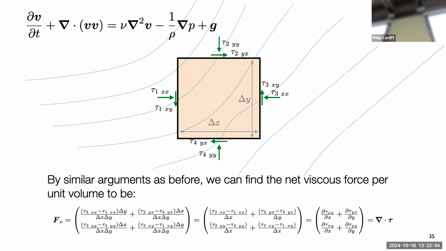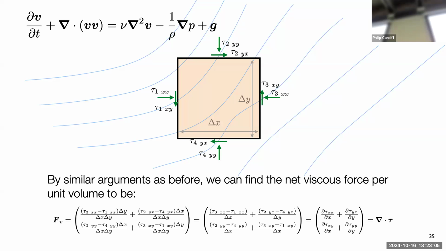So you can see it's T3xx minus T1xx divided by delta x. Actually, the other way around, T3xx minus T1xx divided by delta x. And so you can see that this is the difference in the viscous stresses between this point and this point.